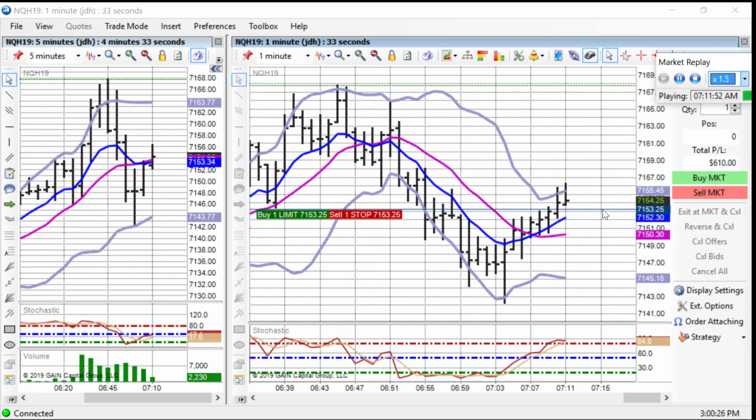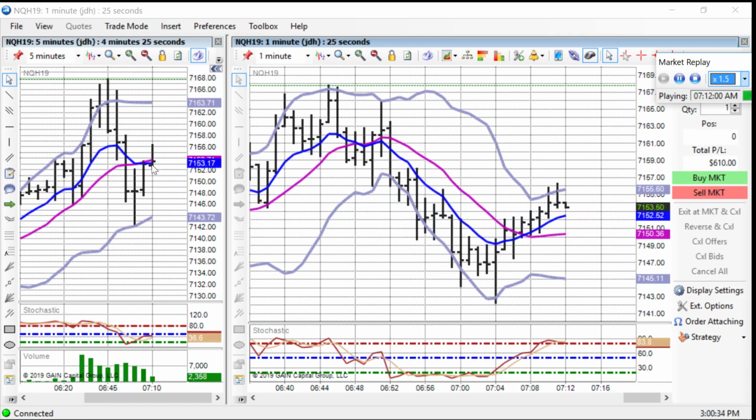I know it's boring watching actual speed, but at the same time, I don't want to miss a trade. I'm also keeping in mind here that we're kind of going opposite on the 5-minute chart. So I'm very cautious about this reversing on me here.